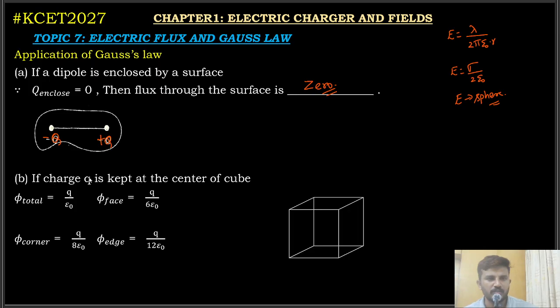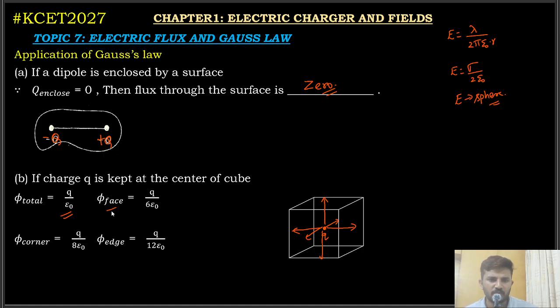Next, if the charge q is kept at the center of the cube, let's consider here there is a charge q. What is the flux through the cube? The total flux gets distributed through 6 surfaces of the cube. The total flux is given by q by epsilon naught.